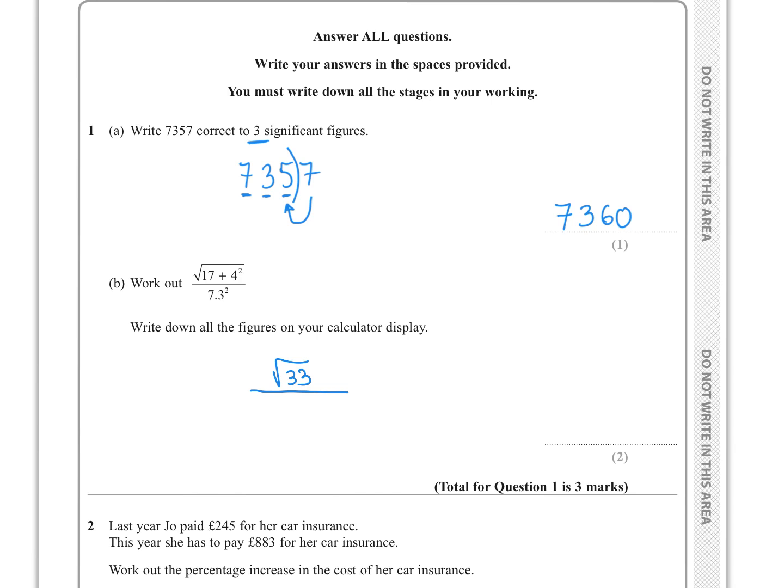And then underneath the denominator, 7.3 squared, 53.29, and then I'm going to do the calculation again as I see it, so root 33 divided by 53.29, and that gives me 0.1077981356, and that's all the figures on the calculator display.